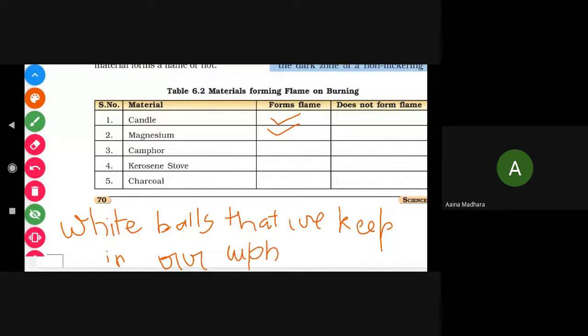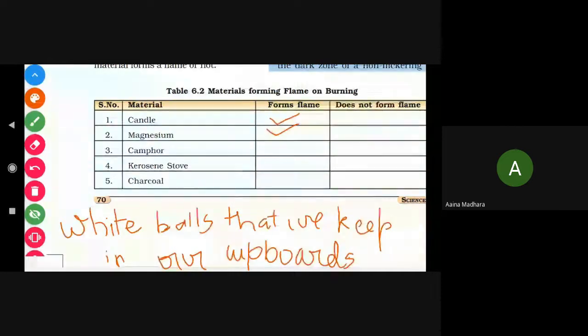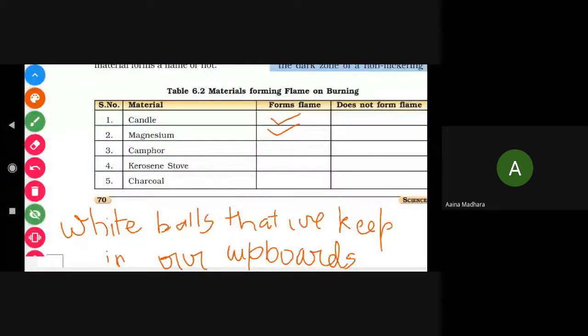White balls that we keep in our cupboards to keep cockroaches and other insects away. Yes or no? Yes. So, does it produce flame when you burn it? Is it combustible or non-combustible? Do you want to check whether it produces flame or not?